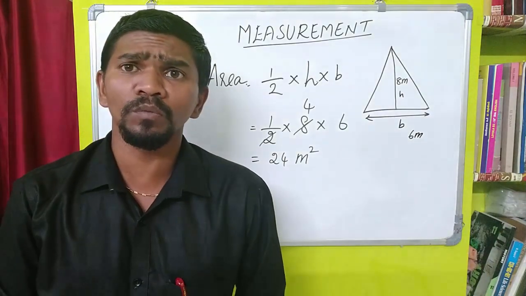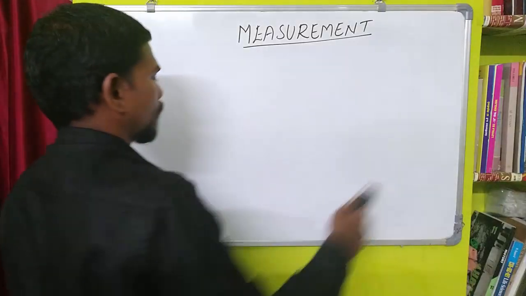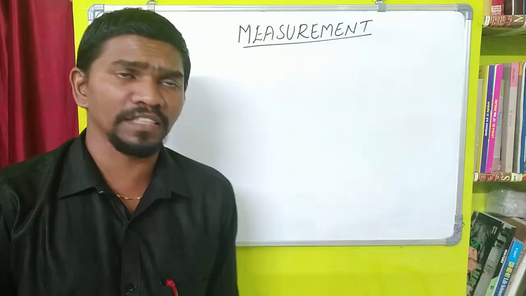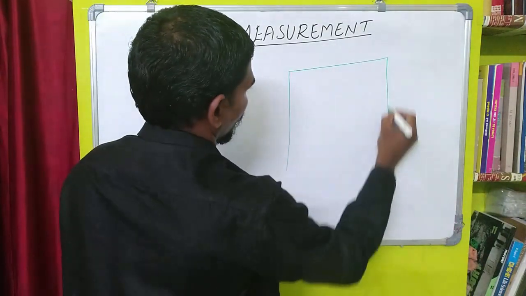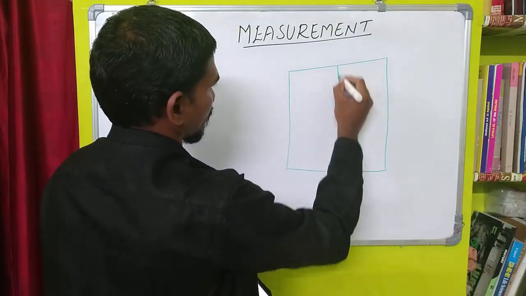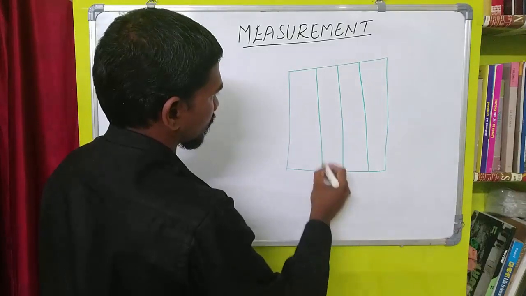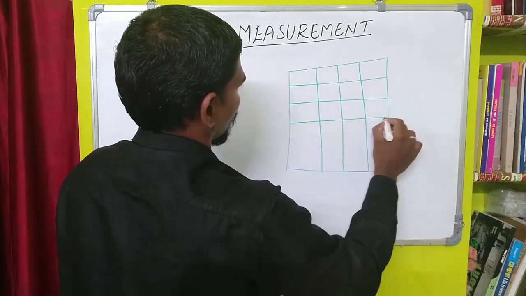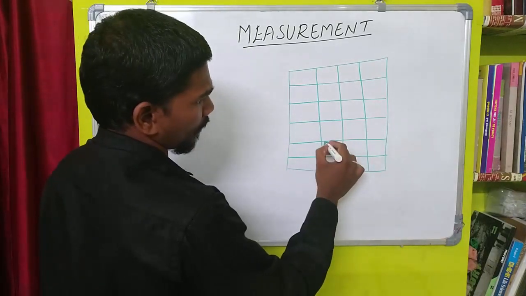Next we are going to see about the area of an irregular shape. This is nothing but with the help of graph sheet. You know graph sheet? With the graph sheet, we know it has major lines. Each line is again subdivided into 10.